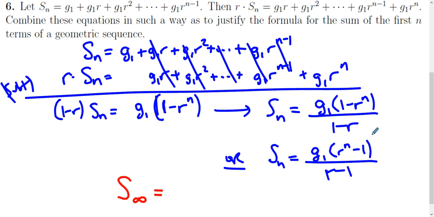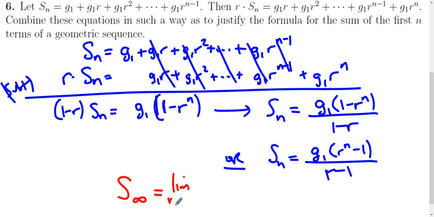Why? Well, what ends up happening? If an infinite geometric series converges, then the absolute value of r is less than 1. The absolute value of r is some fraction that's just less than 1. And so raising that to higher and higher powers drops this term right out.